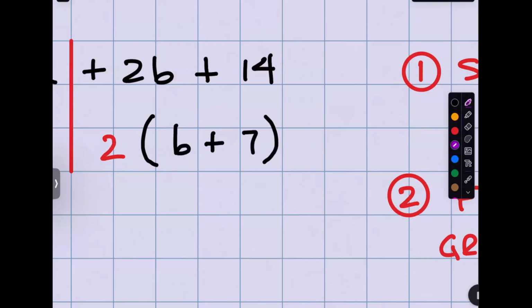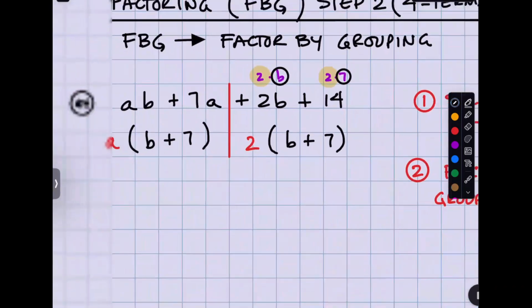Well, think about this. Right? So I can still do what I've been doing. Ready for step 3?